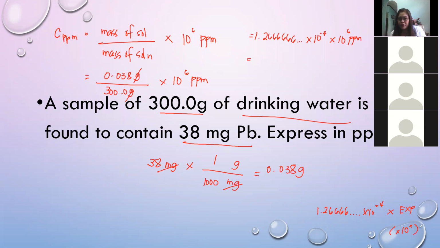Press that so you will get the correct answer. So, times 10 raised to the power of 6. Okay? So the answer here is 126.67. Take note, the unit for this is ppm, since the grams have canceled. So it's 126.67 ppm.